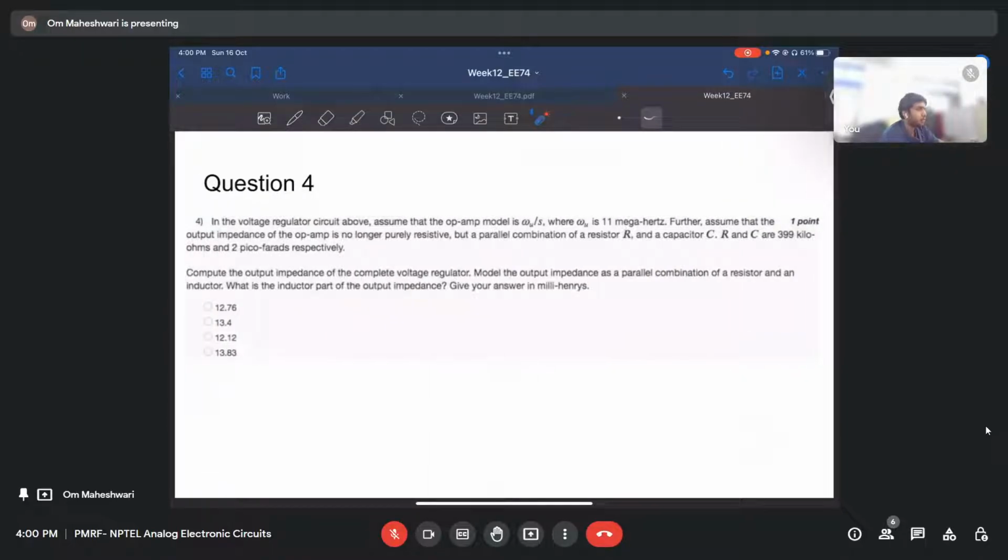In question 4, let the output no longer give a combination of R and C. Okay, fine.